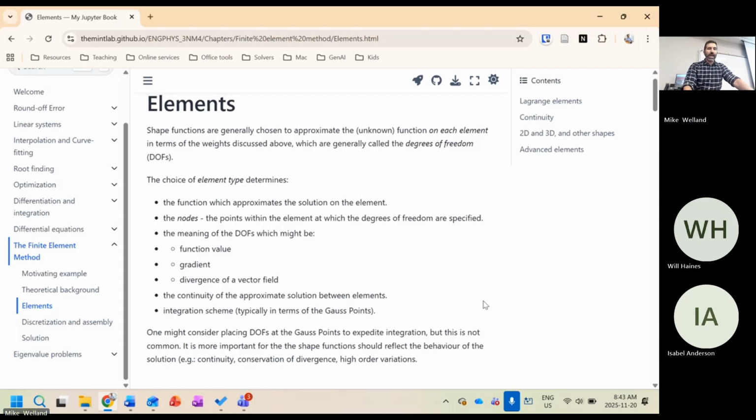Okay. Elements are the type of function that you're going to fit over each one of those. Sorry, the type of element relates to the type of function that you're putting on that shape.